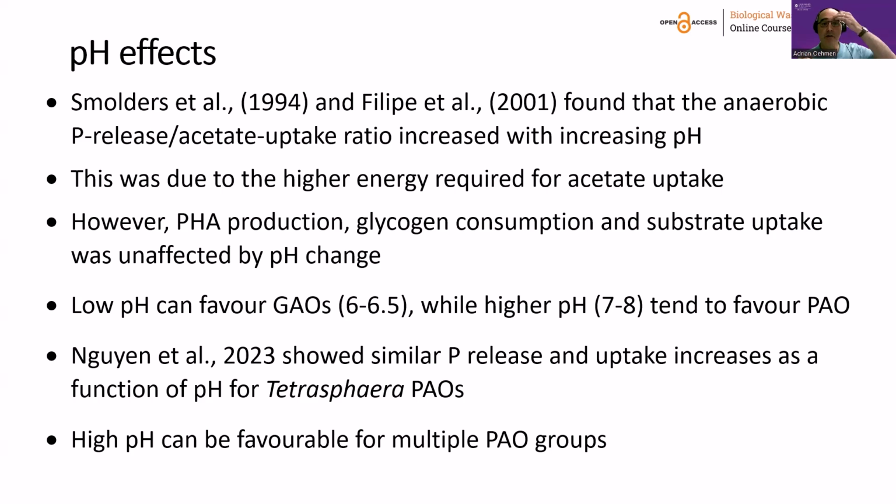So the higher the pH, the higher energy is required, or higher ATP requirements exist for acetate uptake, and that has led to a higher phosphorus release. So that's the energy source, that ATP source for acetate uptake, and so that is the explanation for why pH impacts the P release to acetate uptake ratio in this way.